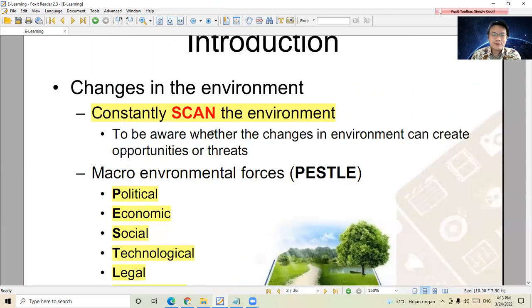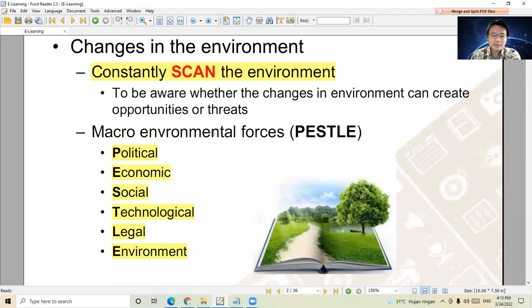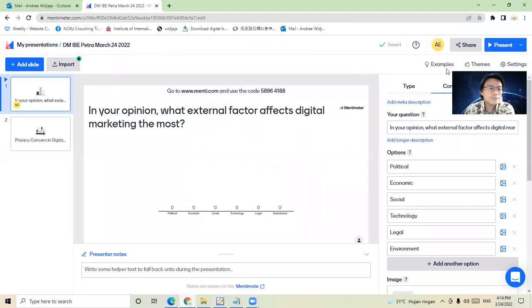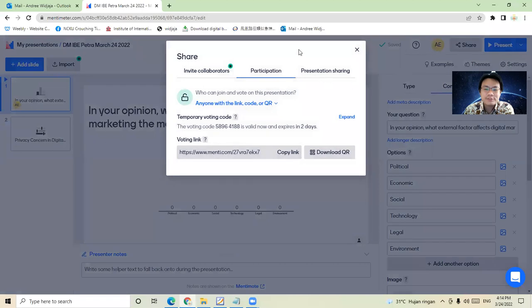Before we continue to the second slide, I would like to ask you about something. I will use this app called mentimeter.com. Maybe some of your lecturers have used this.